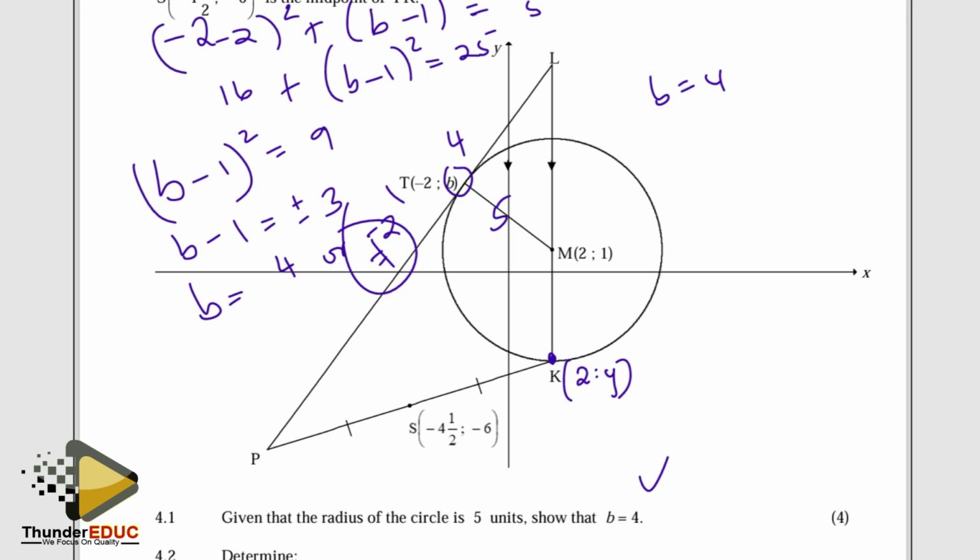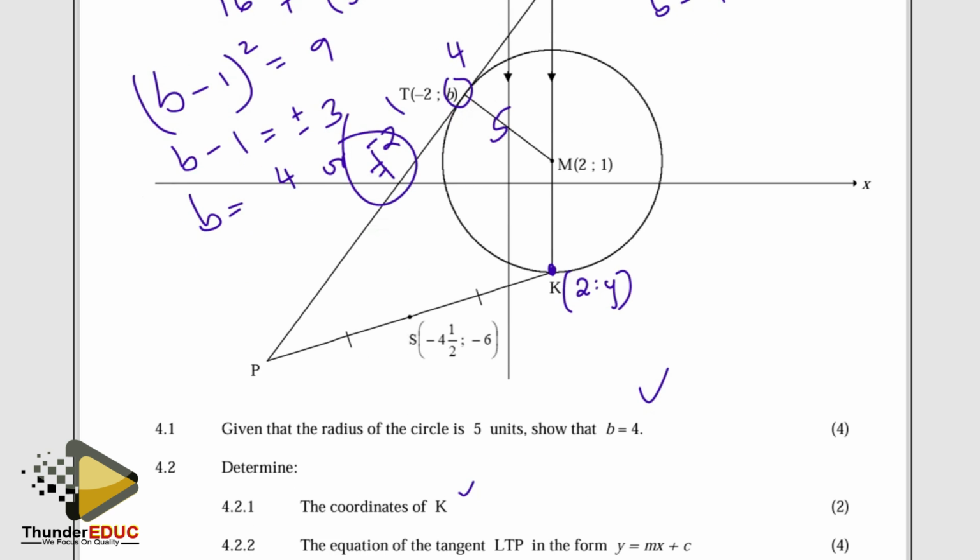But with the mark allocation of this question being 2 marks, you don't need to overthink. Since the radius is 5, this is going to be 1 unit and then it's going to be 4 units down, so that I have pi 5. So which means k is a 2 and a negative 4, I suppose, because it's a 1 minus 5.